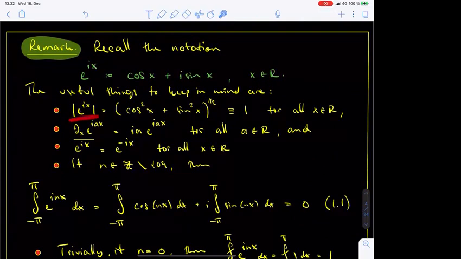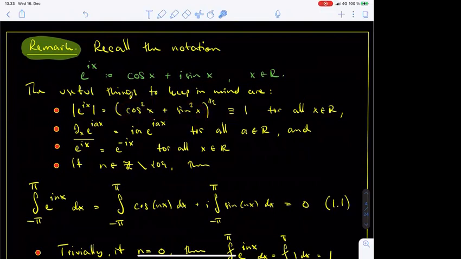The first one is that the modulus of e to the power ix is identically equal to 1. This can be verified by using the definition of e to the power ix above and the definition of complex modulus. The complex modulus of e to the power ix equals the square root of cosine x squared plus sine x squared, and we have all learned in high school that cosine x squared plus sine x squared equals 1 identically.